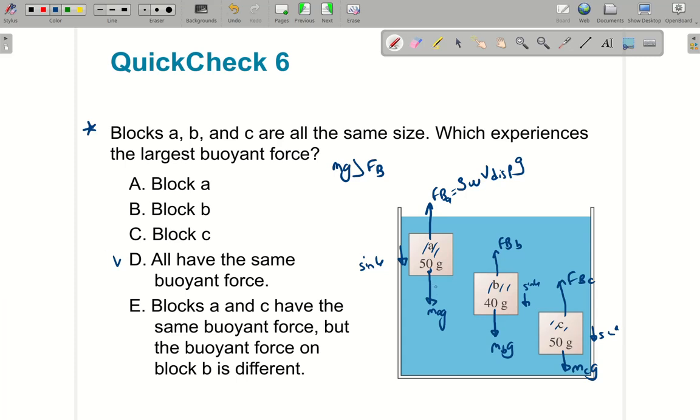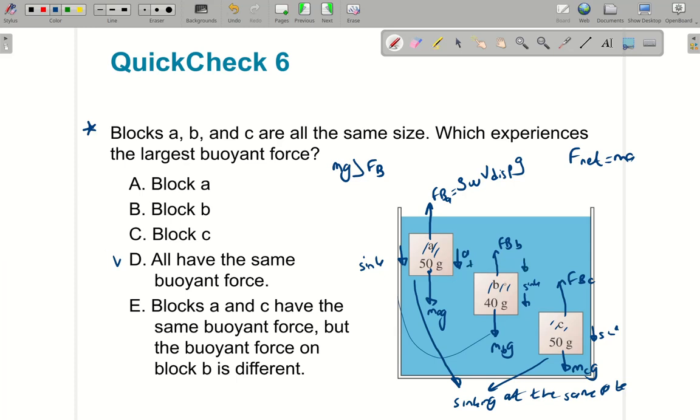Who will be sinking faster? The heavier ones, because they have larger mg. So this guy will be sinking faster than B. If you look at F net and apply F net is equal to MA, up forces, down forces, take up positive, down negative, they would be going down with an acceleration, or you can take down positive because that's the acceleration direction, right?